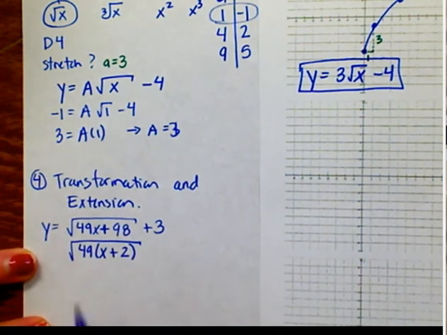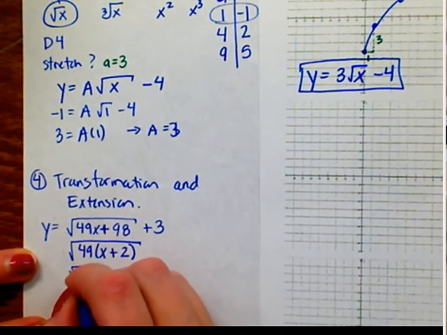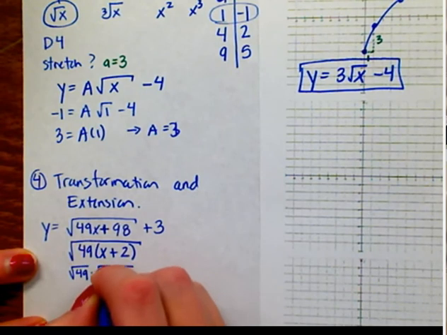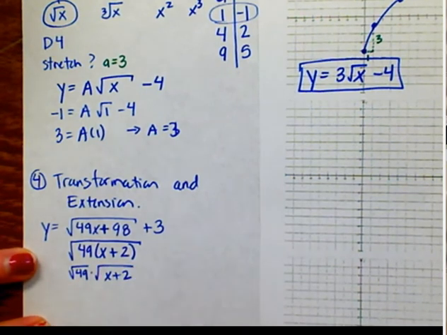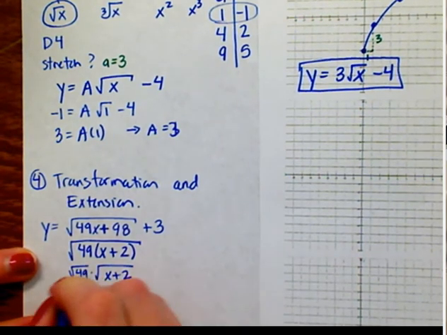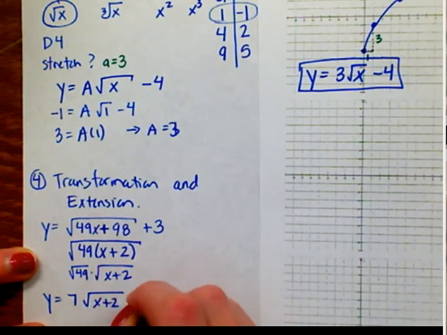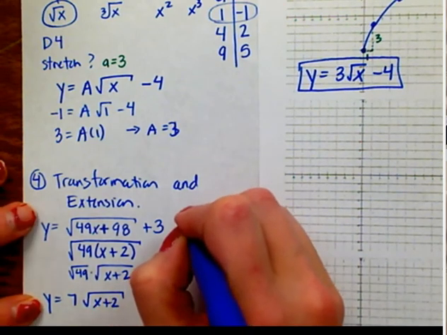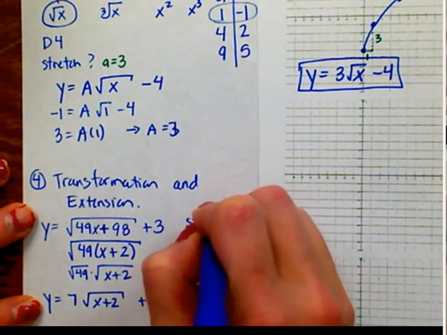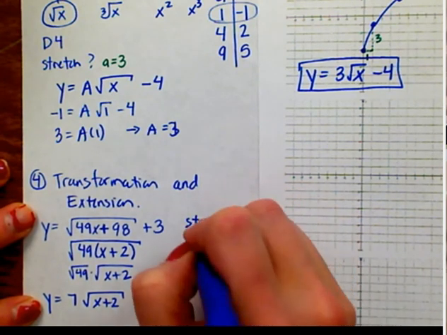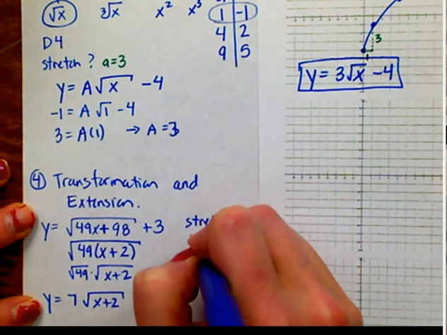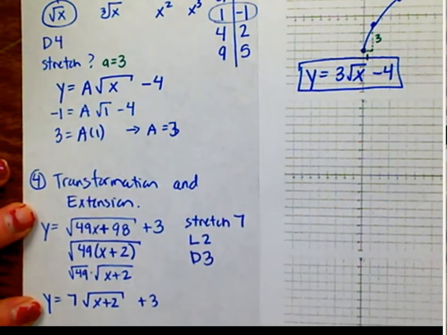Now my radical property tells me that when two quantities are multiplied, I can separate them like so. Well, the square root of 49 is 7. Left with root x plus 2 and then a plus 3. And so my transformation is stretch of 7, left 2, down 3.